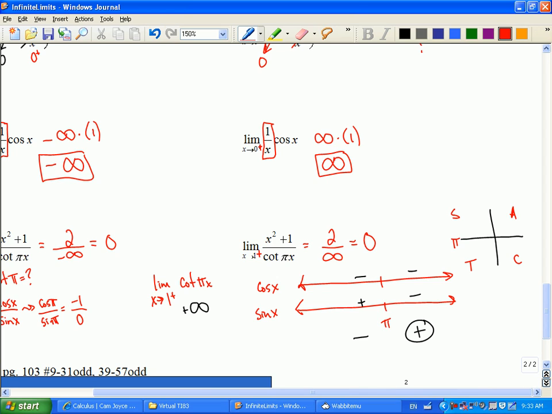Now we're going to talk about sketching curves later, but just to show you the difference, how do you get there with negative infinity and positive infinity? Well, this is what it would look like in the graph.